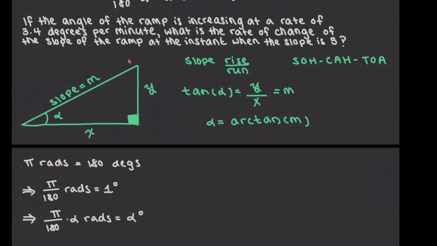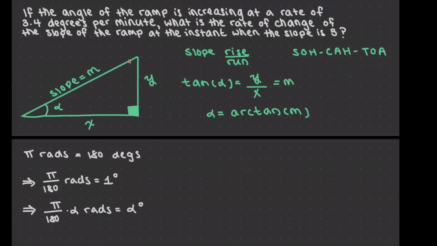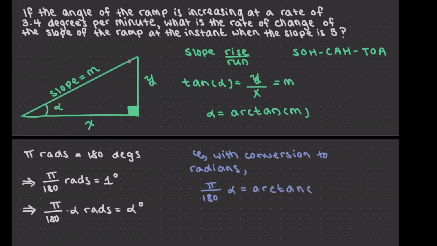So all that's happening in that equation is that they're converting to radians. I'll write that down here: with conversion to radians, we have pi over 180 alpha is equal to arctangent of m. All right, very good. So that's where that equation comes from.